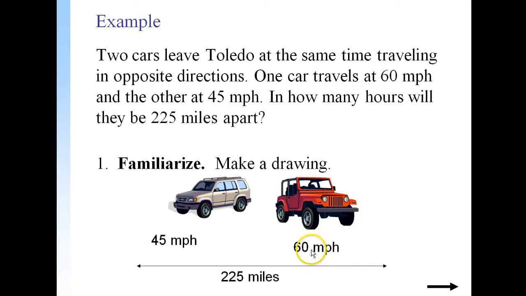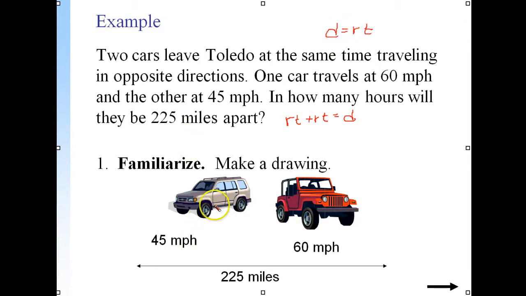Now, what do you know about the time here? Well, in this case, the time is going to be the same for both of them, right? So what was time? Again, our basic formula is distance equals rate times time.